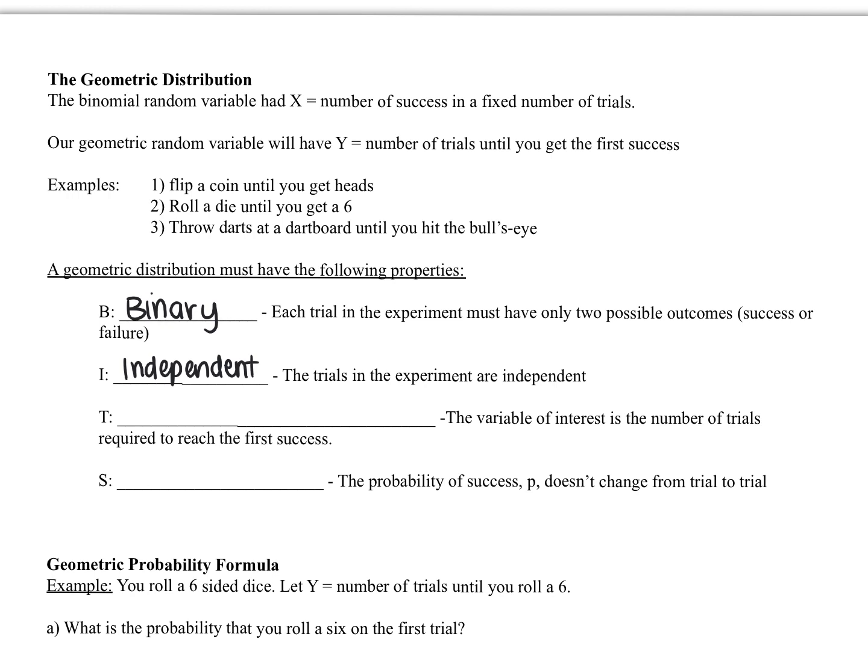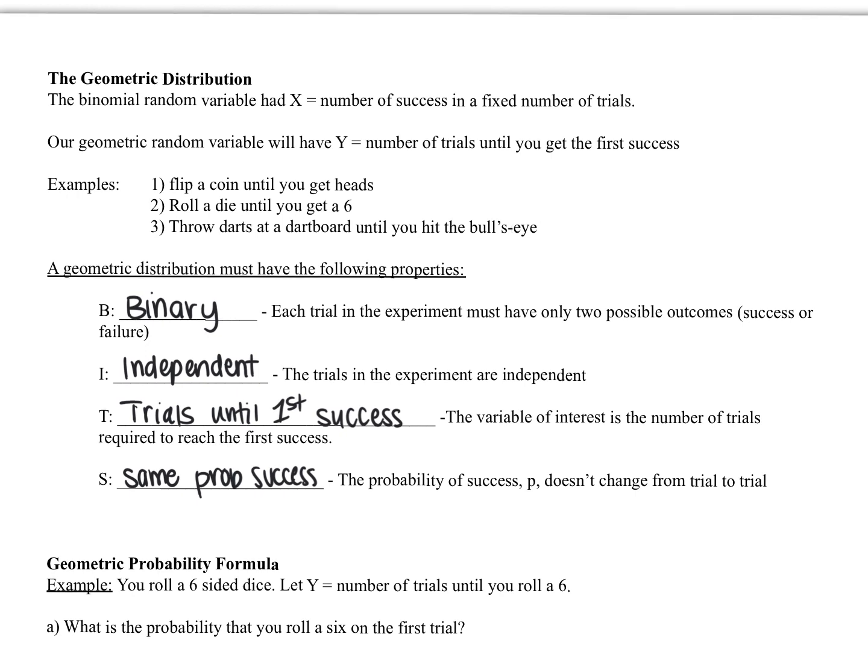The next one is T. N was our number of observations. Now we have T, which is our trials until first success. And then lastly, S, the same probability of success. So your probability of success, p, doesn't change from trial to trial. So only one difference in the conditions.